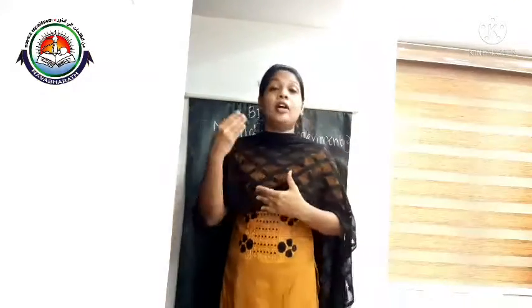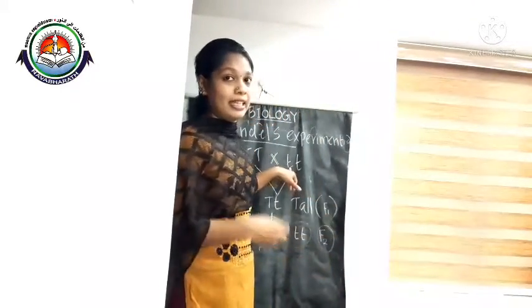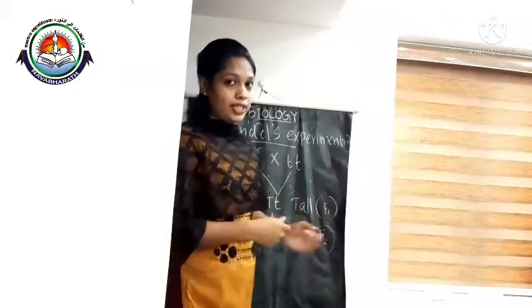So he identified that there are two copies of a factor controlling the traits in sexually reproducing organisms, which means the two alleles. A gene is responsible for the sexually reproducing organism showing its characteristic trait.